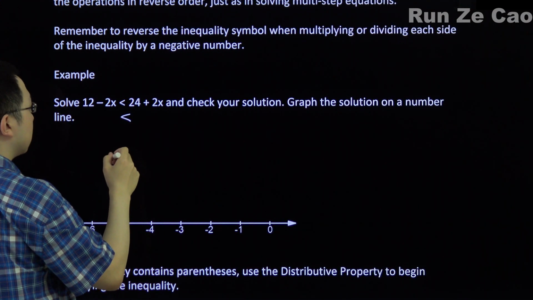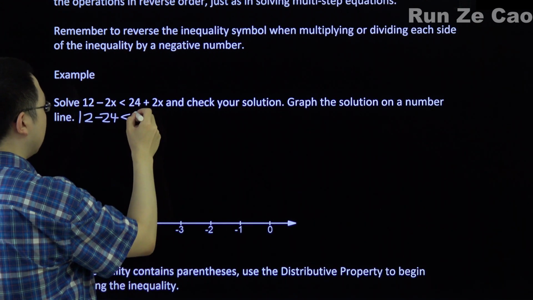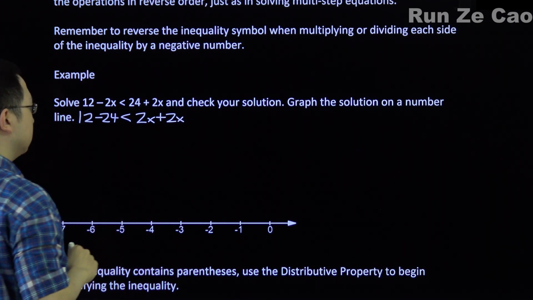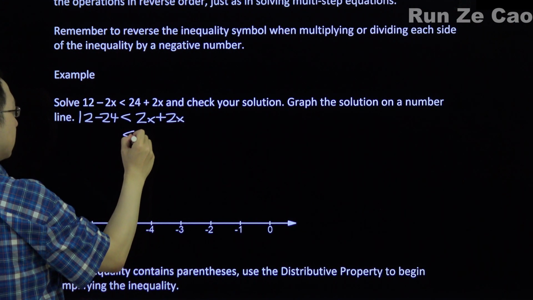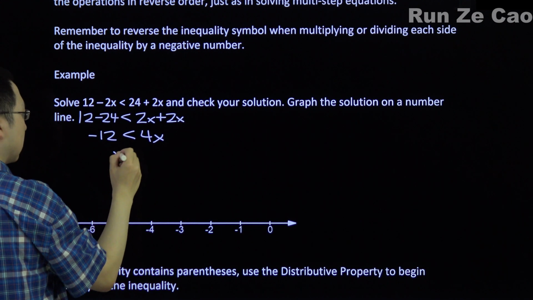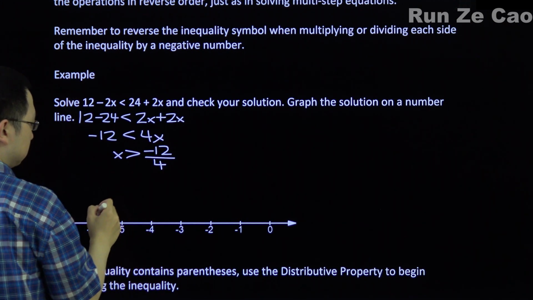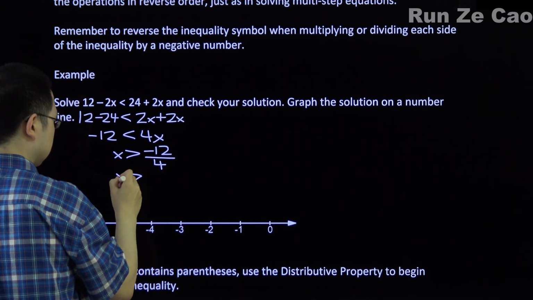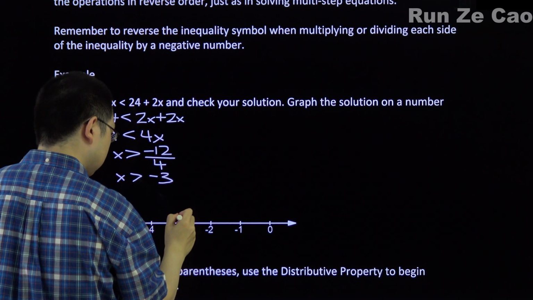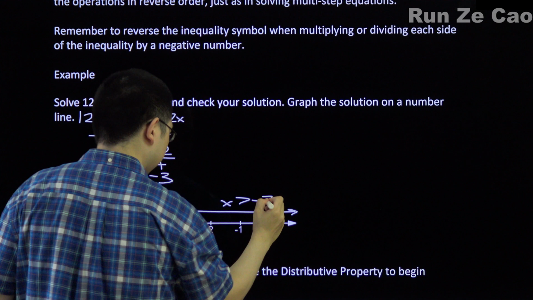Well, we also subtract 24 from both sides, we end up with 2x plus 2x. So that's going to be 4x is greater than negative 12. X is greater than negative 12 over 4. So x is greater than negative 3.